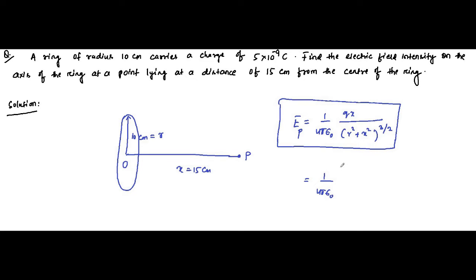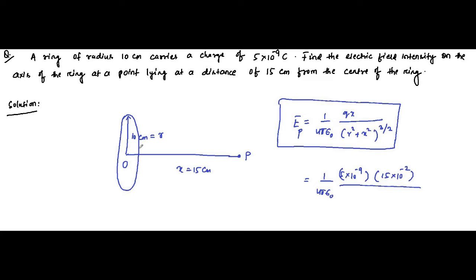q is the charge, 5 into 10 to the power minus 9 coulomb. The distance x of the point P from the center of the ring along the axis is 15 centimeter, which equals 15 into 10 to the power minus 2 meters in SI units.